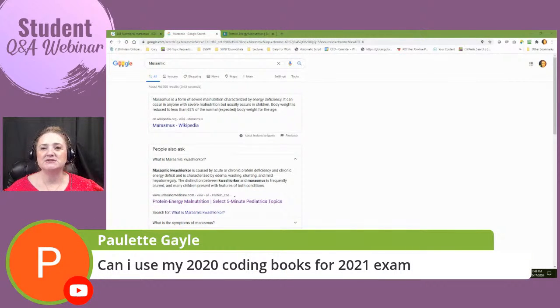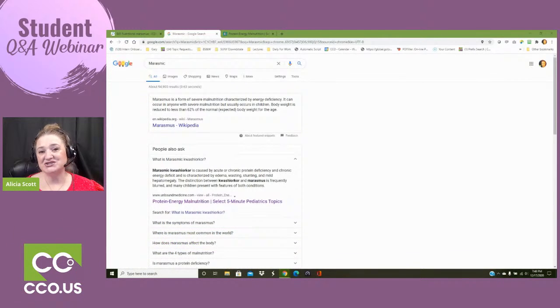Let's see. Can I use the 2020 combo? You could, but it wouldn't be wise because there were a lot of changes. However, you can. The reason that we tell you that it's not a good idea, and you didn't specify whether you wanted CPT or ICD, you could maybe get by with ICD more so than CPT.